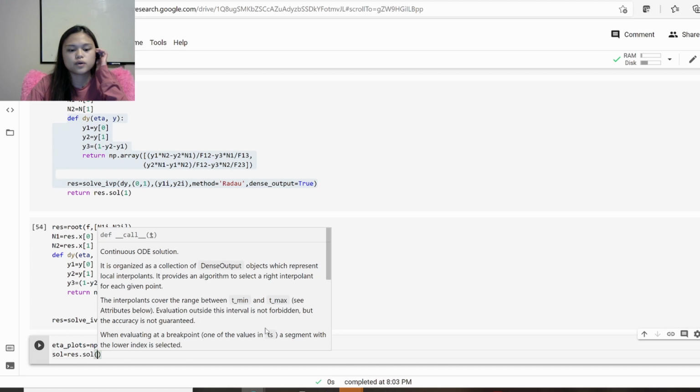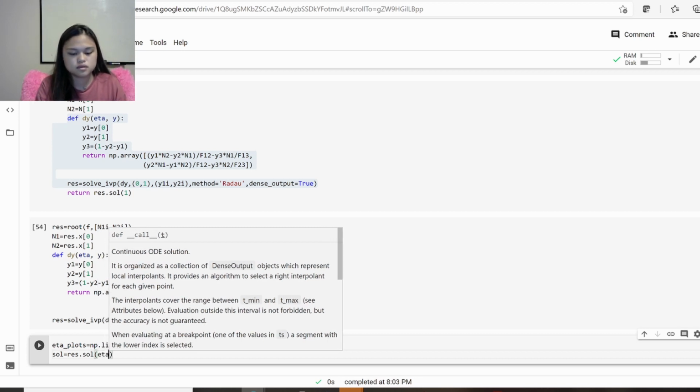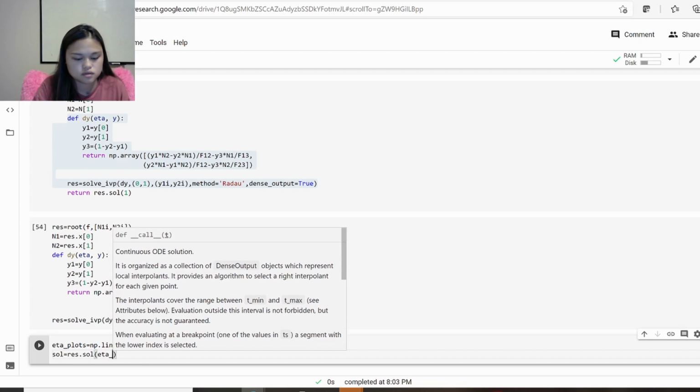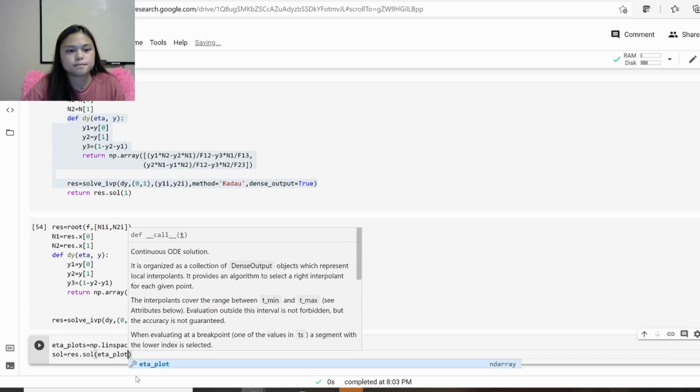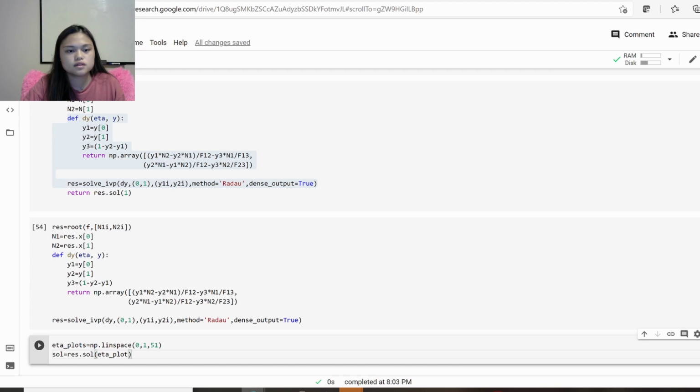And this is how we're just going to plot over eta the results. And so let's just do this first. So the 0 to 1 is just from the methanol and the acetone mole fractions from the interface all the way up to that screen at the top.